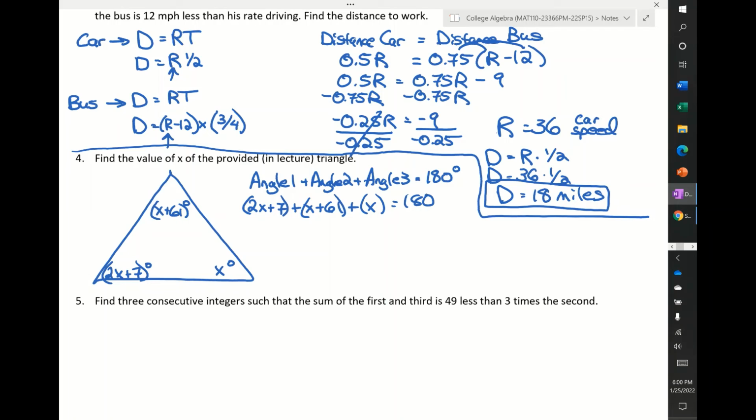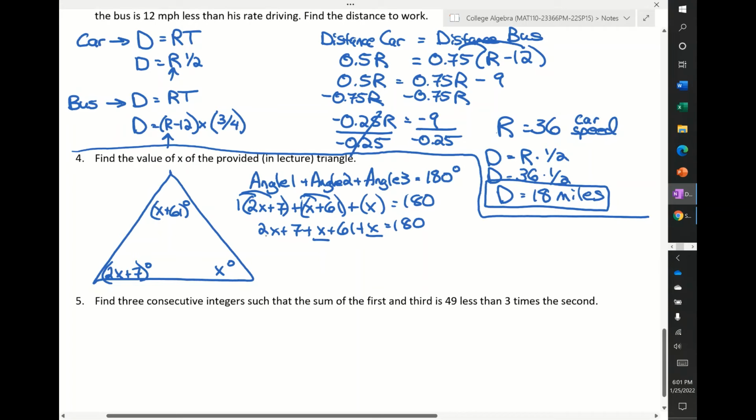Let's combine our like terms. This one should be pretty straightforward here. We just distribute 1 to get rid of the parentheses. This would just be 2x plus 7 plus x plus 61 plus x equals 180. Then we have an x, and a 2x, and an x. So that's 4x. 7 plus 61 is 68.